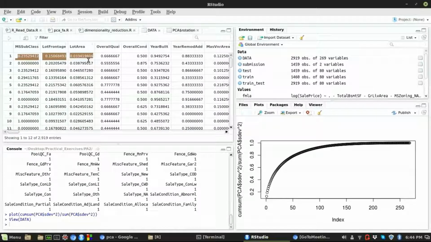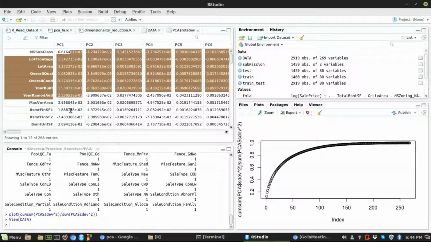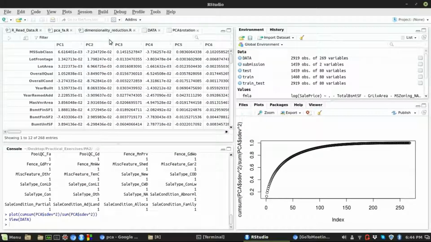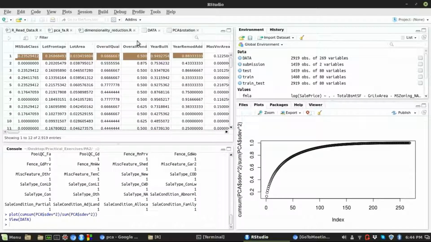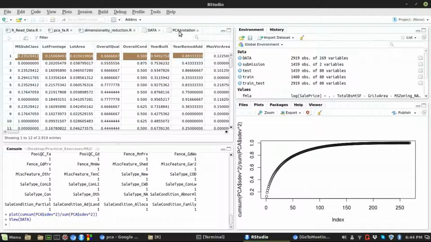You take this row and multiply it with this column, because this row is, for one house, MS subclass multiplied by the contribution of that into PC1, plus lot frontage multiplied by the contribution of that into PC1, and so on. So to get PC1, you just take the original data and do a matrix multiplication with the rotation matrix. So what is the shape?